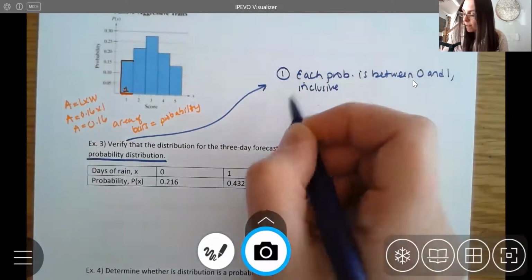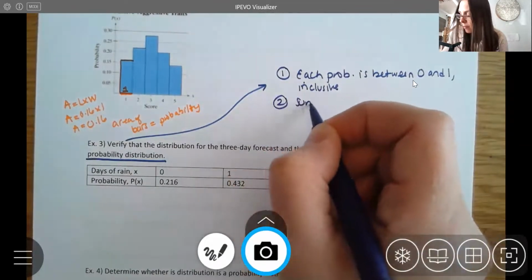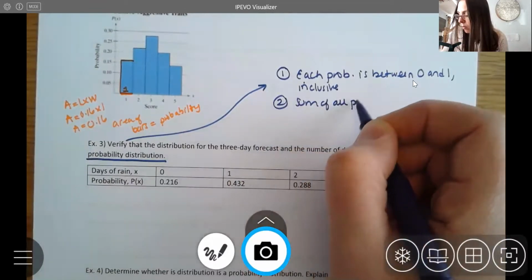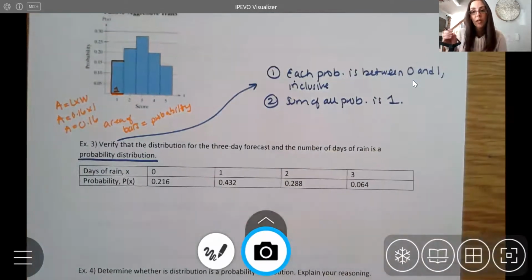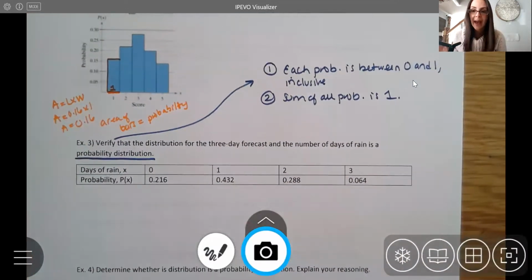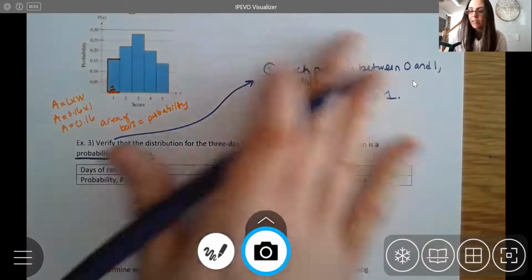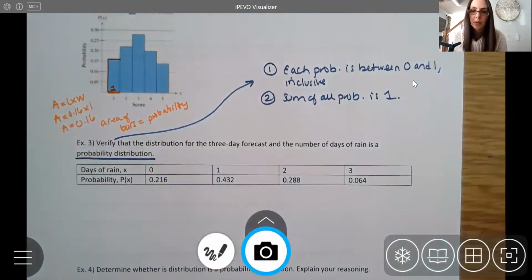And second, the sum of all probabilities is 1. Those are the two things you need to ensure that you have a probability distribution. If these things don't occur, then it's not a probability distribution.